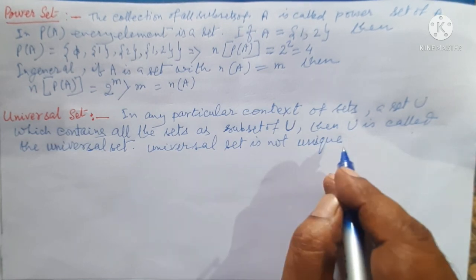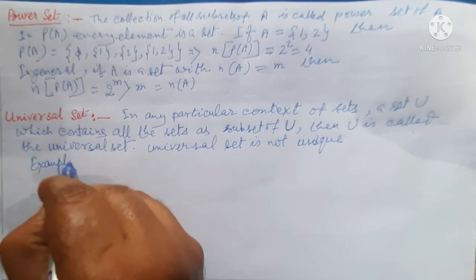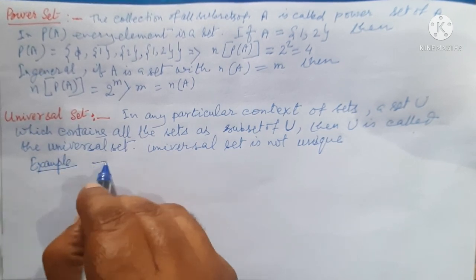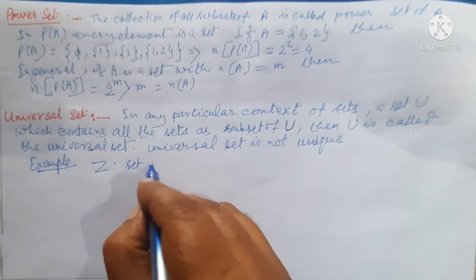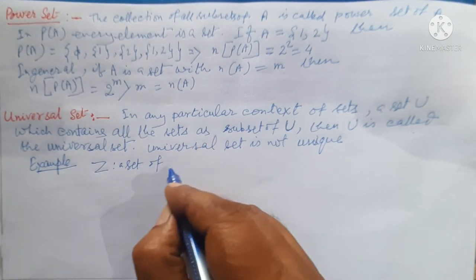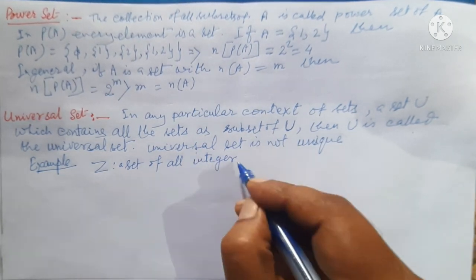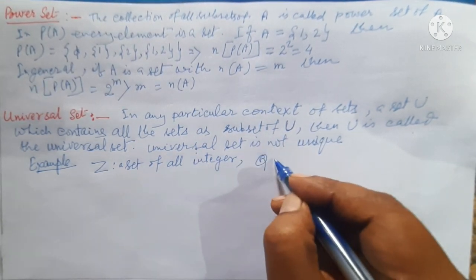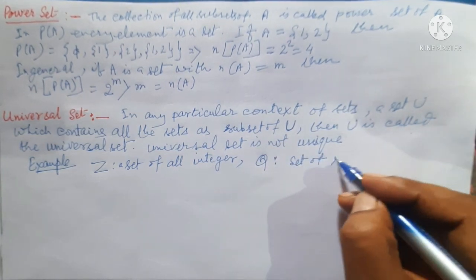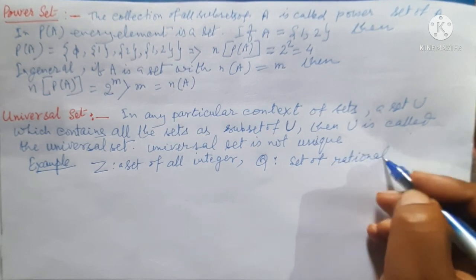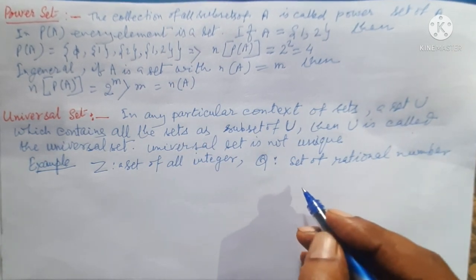For example, Z is the set of all integers. Q is the set of rational numbers.